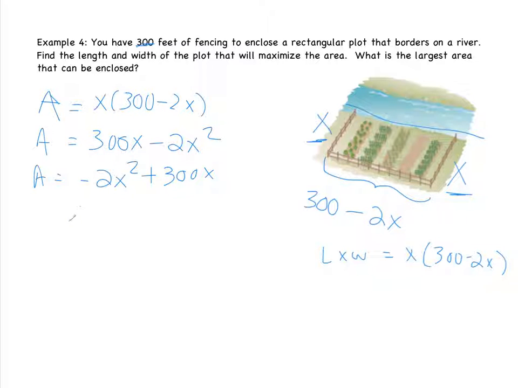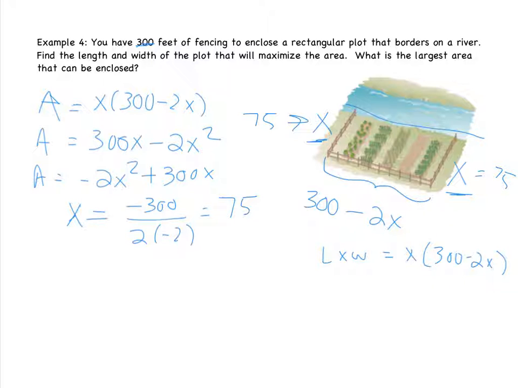So my x coordinate is negative b, or the opposite of b, over 2a, which here would be negative 300 divided by negative 4, which is 75. So now I know that that side should be 75 feet, which means this side should be 75 feet.